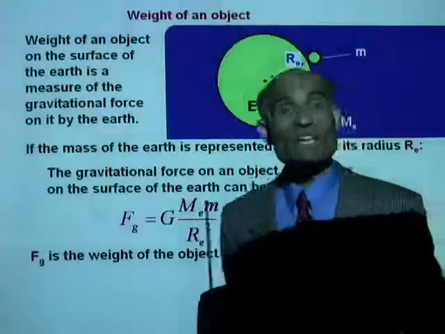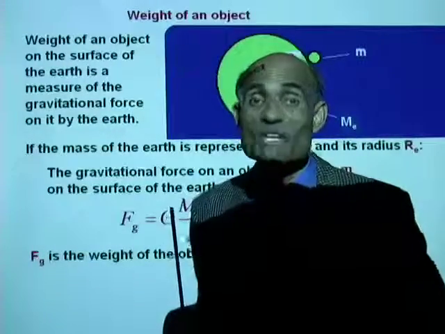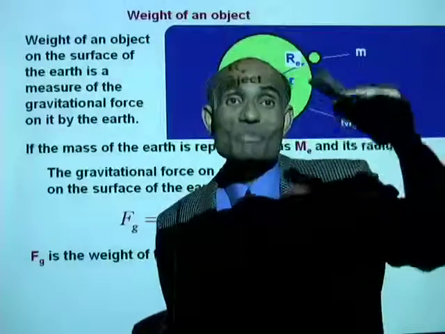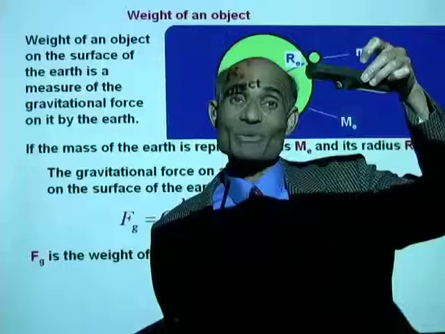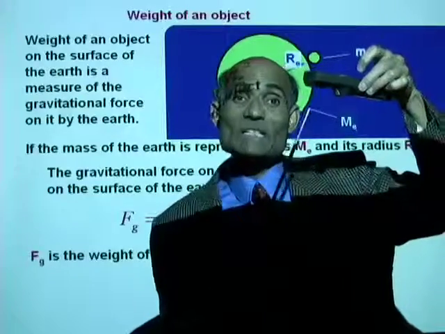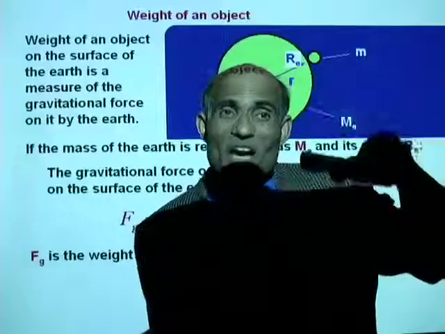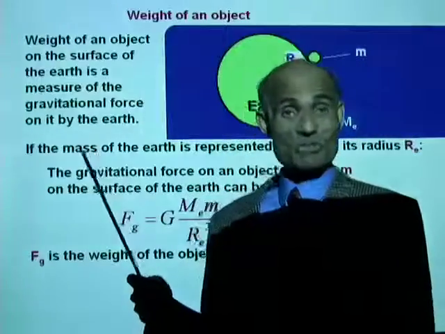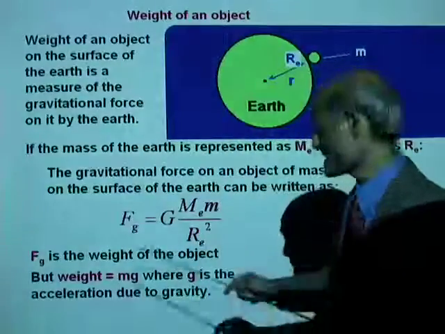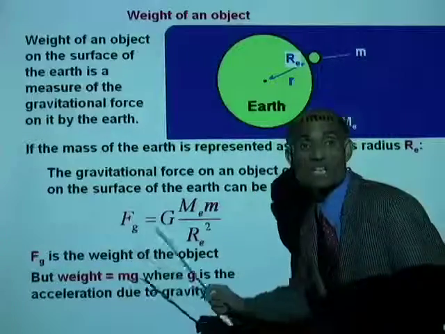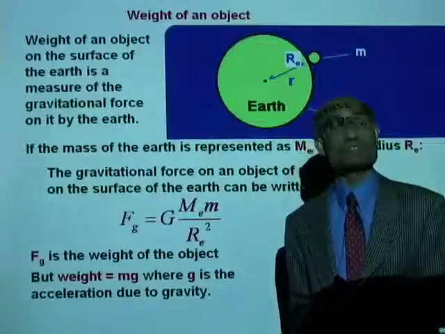Now, what is the weight of the object that we have been using to measure? What is the weight of this object? Normally, how do we measure it? It is the mass of the object multiplied by the acceleration due to gravity. Is that right? Yes. So weight equal to mg, where g is the acceleration due to gravity.